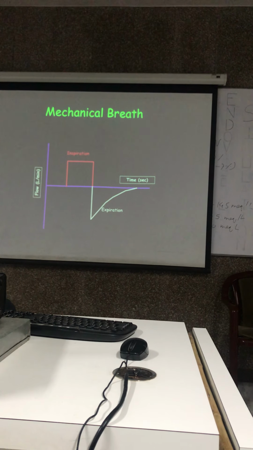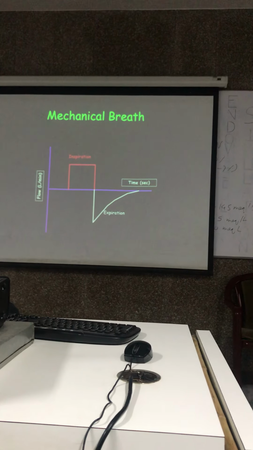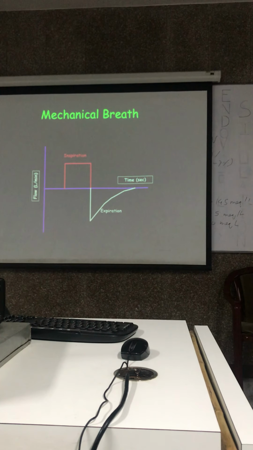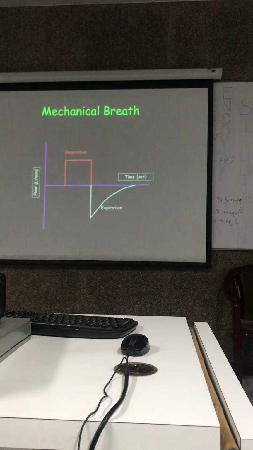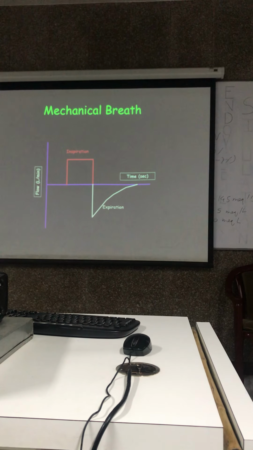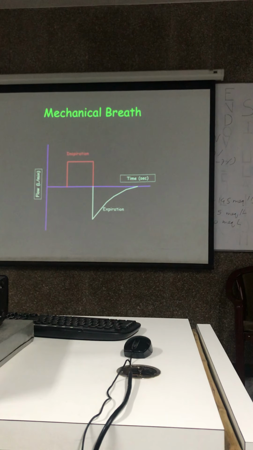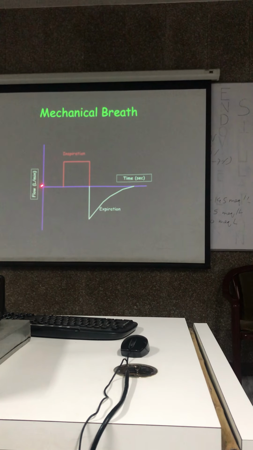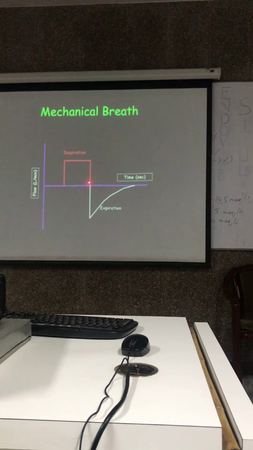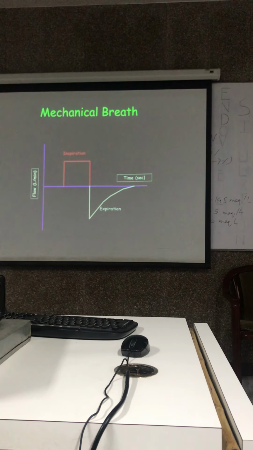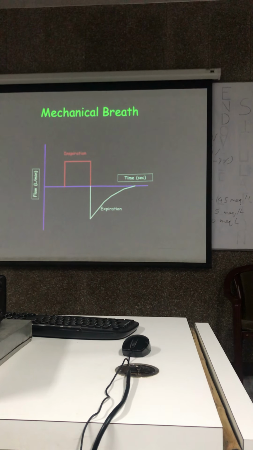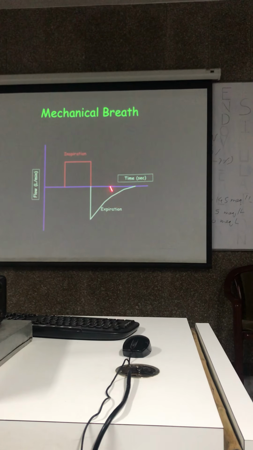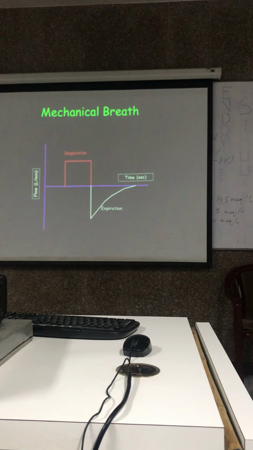So that's the scalar pattern seen in a spontaneous breath. Whereas in a mechanical breath, in the flow versus time scalar, you will see a square inspiration followed by an expiration. This is a typical mechanical breath with a flow versus time scalar.